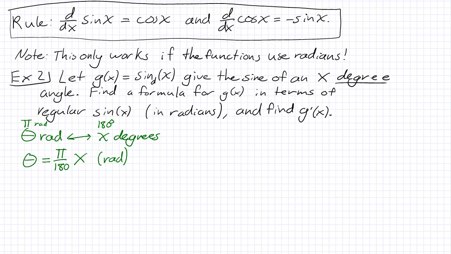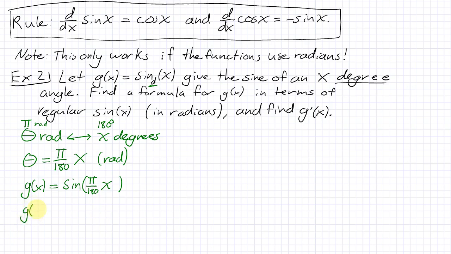Now, if we want to write this function, g of x, in terms of the regular old sine function, without writing this subscript d, it expects this angle to be in radians for it to give you the proper results. So we're going to plug in a radian version of that angle. And then you can check that this works the way it's supposed to.